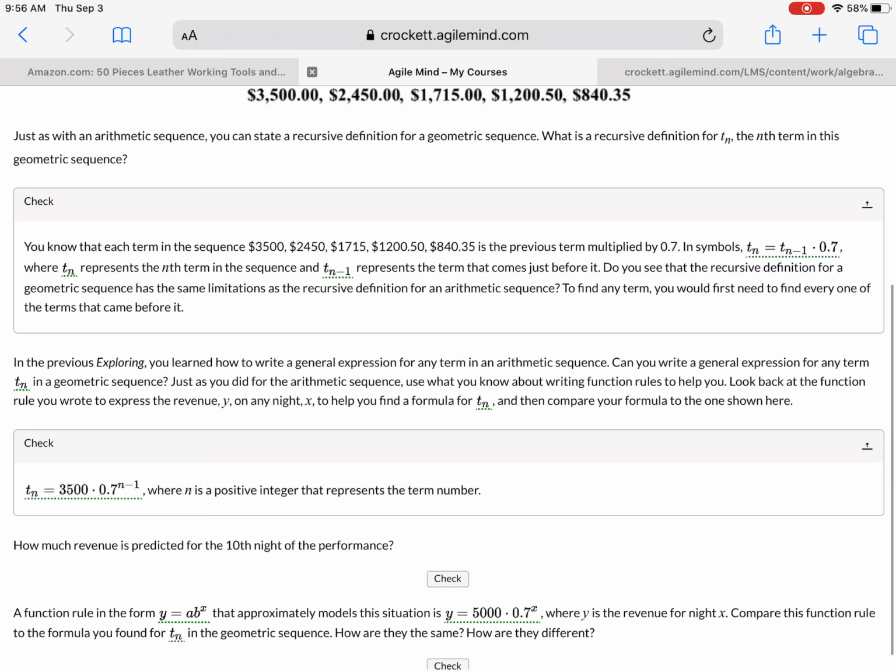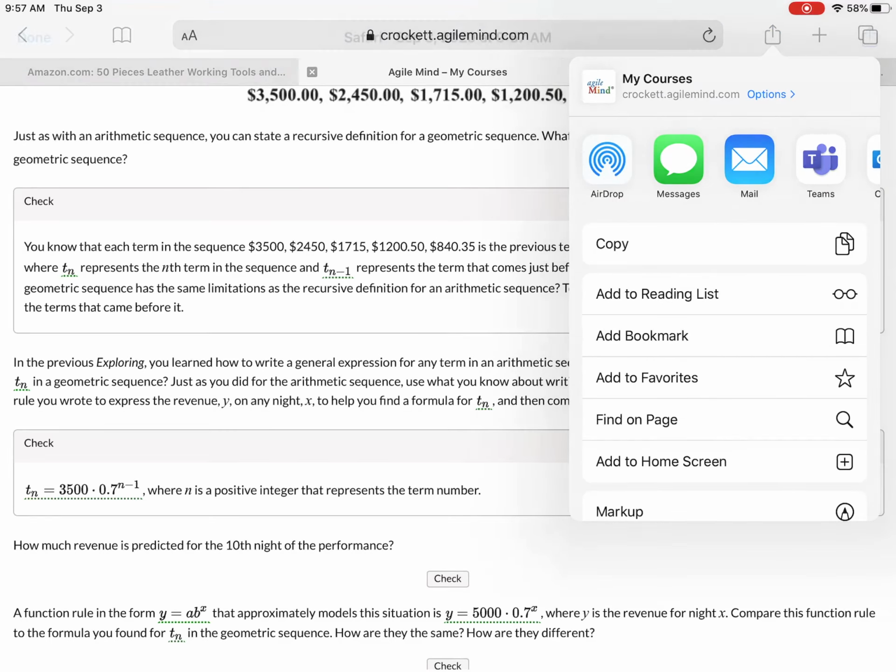All right, the next question says, how much revenue is predicted for the 10th night of the performance? So we're looking for the number 10, okay? We're looking for the 10th night.